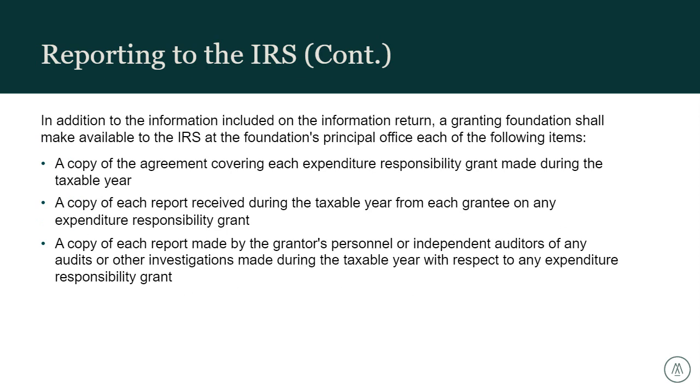So going back to the original comment I made and having these good processes in place, for your internal purposes, a copy of the agreement covering each expenditure responsibility grant is critical. Also a copy of each report you're required to keep from each grantee.